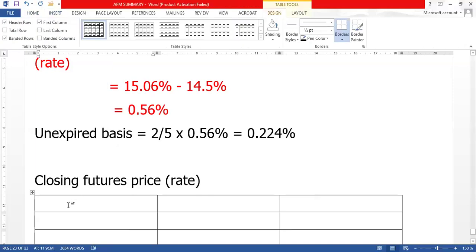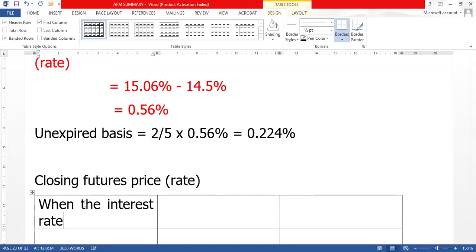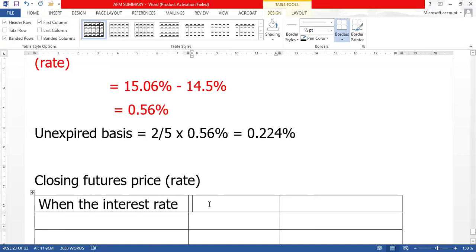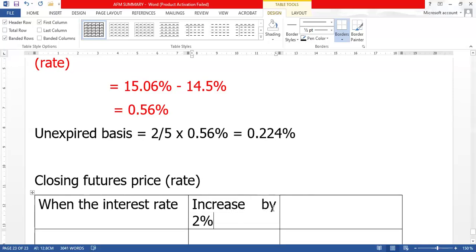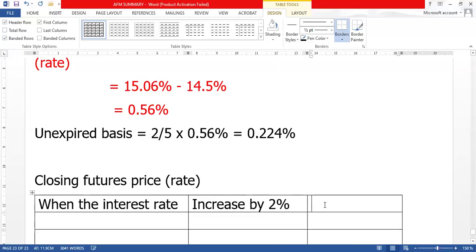Here you can say when the interest rate increases by 2%, and also look at the scenario when the interest rate falls by 2%.